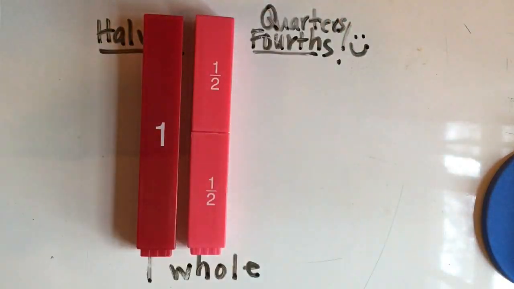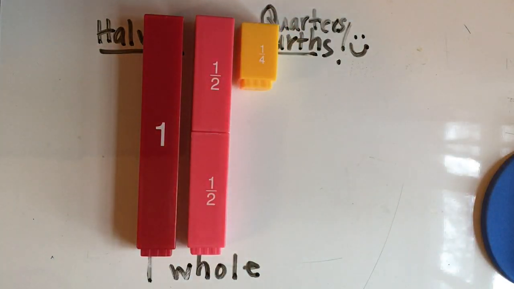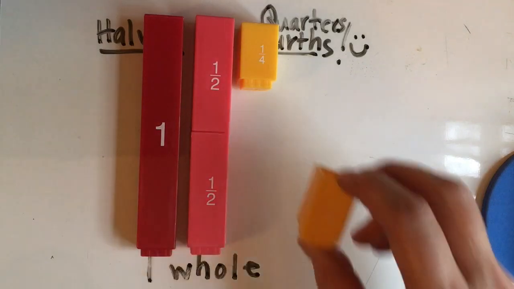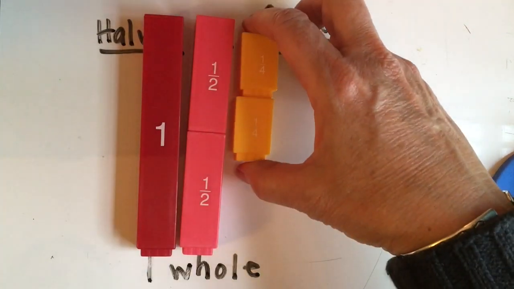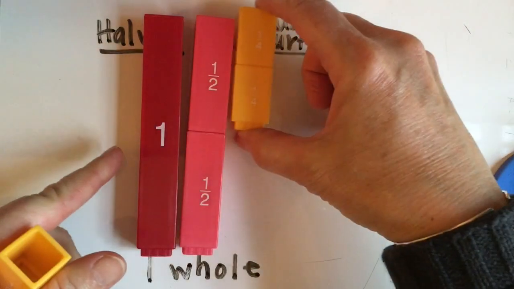And now I'm going to get out the model for fourths. So I've got 1/4 or 1/4. How many am I going to have all together to make 1 whole? Yeah, I'm going to have 4 of them. So there's another one. I'm going to click those together.